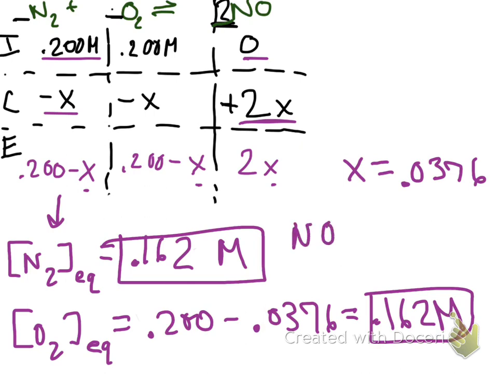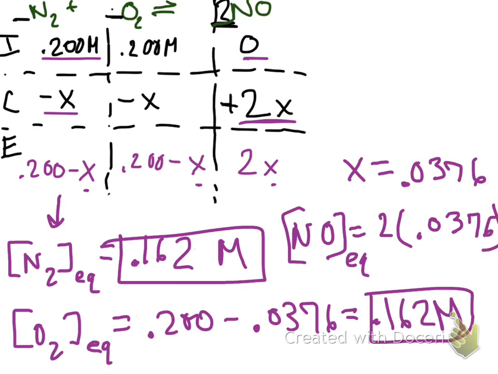And the concentration of nitrogen monoxide at equilibrium is equal to 2 times x, or 2 times 0.0376, which equals 0.0752 molarity. So those are our answers. And this is how you do an ICE table.